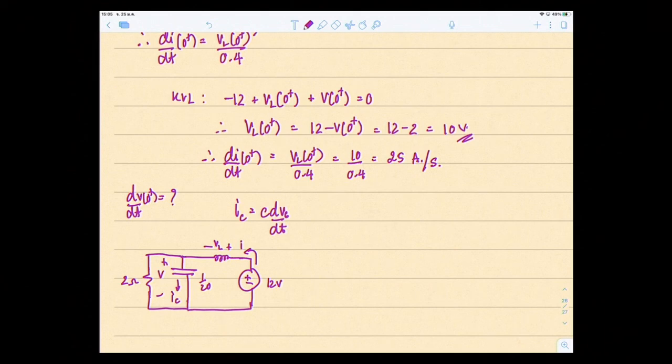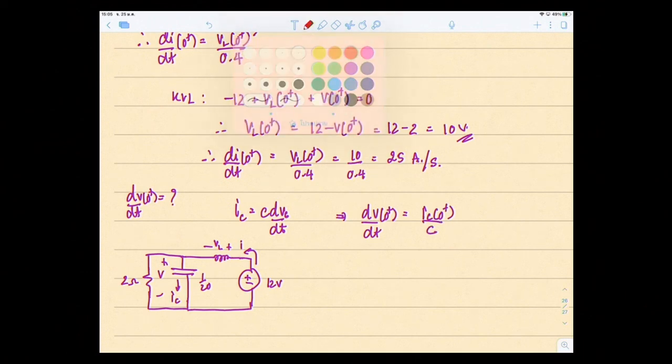So if I want to find dV, in this case it's V, not VC. So dV/dt at 0 plus is equal to IC at 0 plus divided by C. And this is IC. Current I comes through here, goes down IC, and then IR right here. How to find IC?